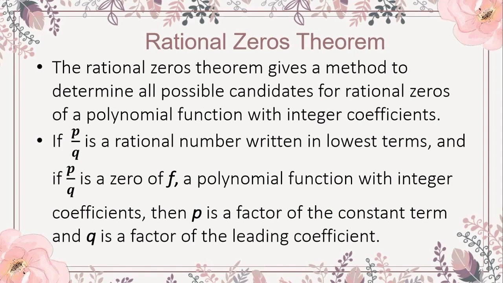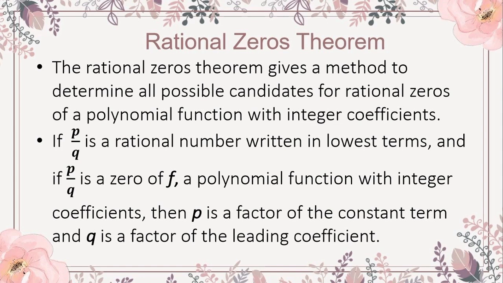So this theorem tells us that if p divided by q is a root, then p must be a factor of the constant term. When we say constant term, it is the number without a variable. And q must be a factor of the leading coefficient. When we say leading coefficient, it is the number in front of the highest power of x.